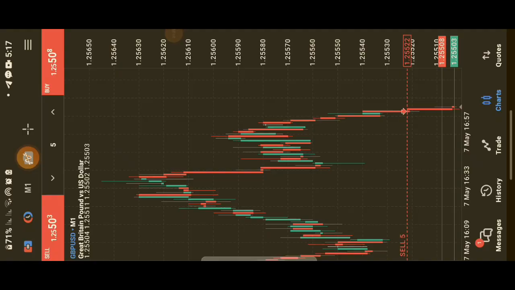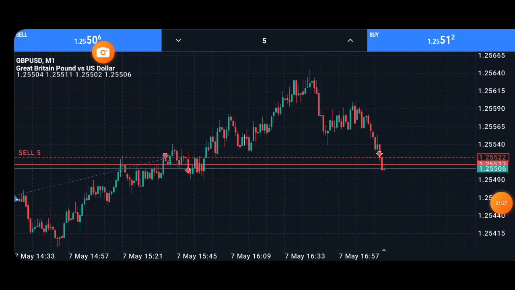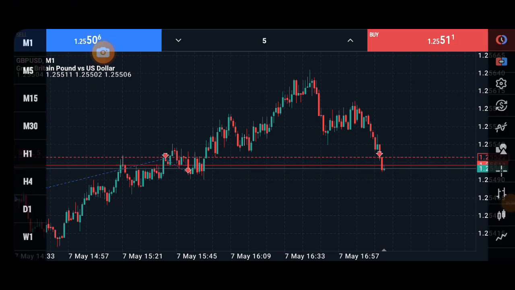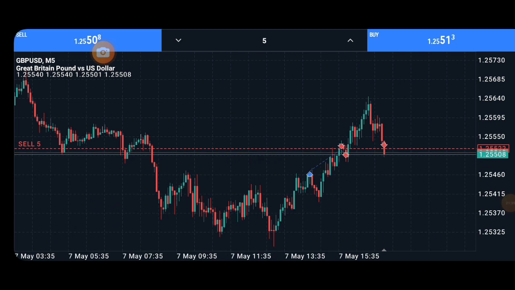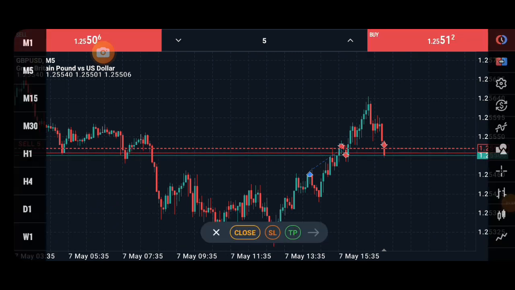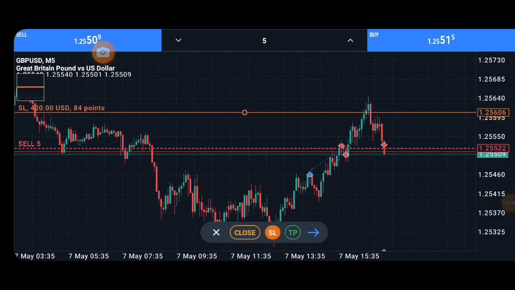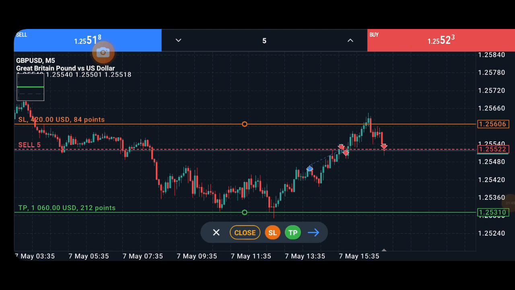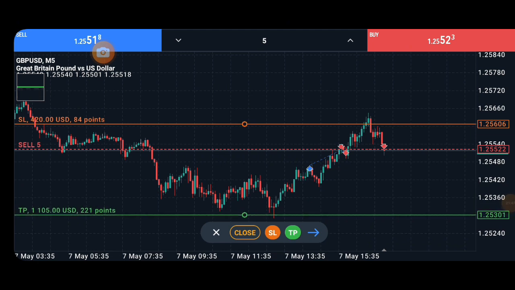Then for the charts, we can do this. So this is the 1 minute time frame, that's where I've sold, and now 5 minutes, and my SL should be above that high, and my TP I guess below this low.